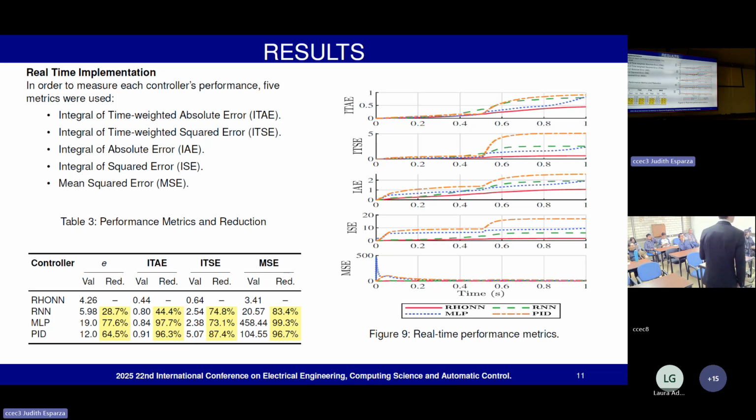It is important to notice that the closest one was the recurrent neural network controller. That is because recurrent high-order neural networks are just an extension of regular recurrent neural networks. Figure number 9 shows real-time performance metrics, where you can all see that our controller was the best performing one.